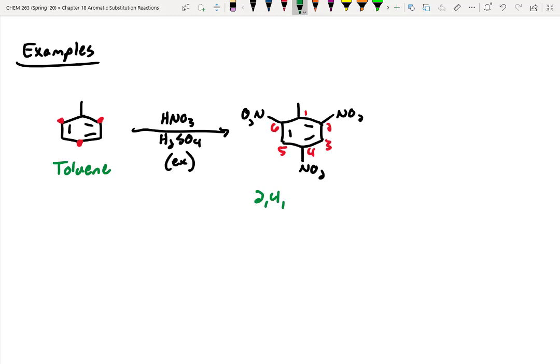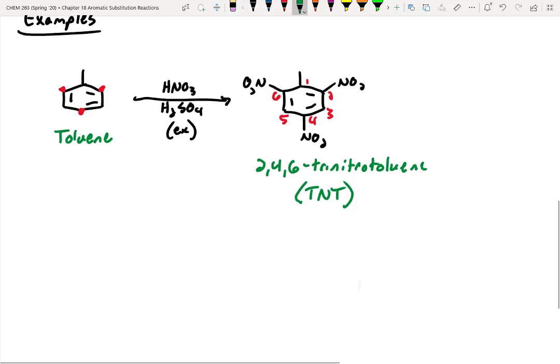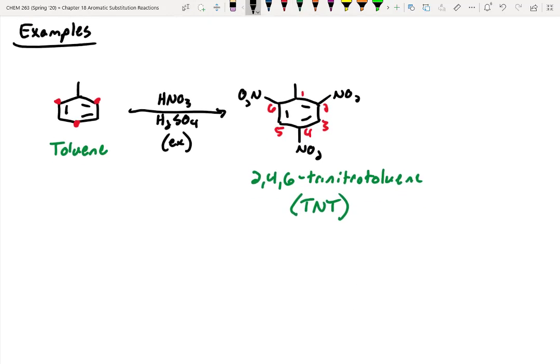So 2, 4, 6 trinitrotoluene, also known as TNT, the explosive. So this is how a lot of these high explosives are made, is actually through a nitration reaction. The more nitrogens that you have in an organic compound relative to carbon, the more explosive the compound tends to be.